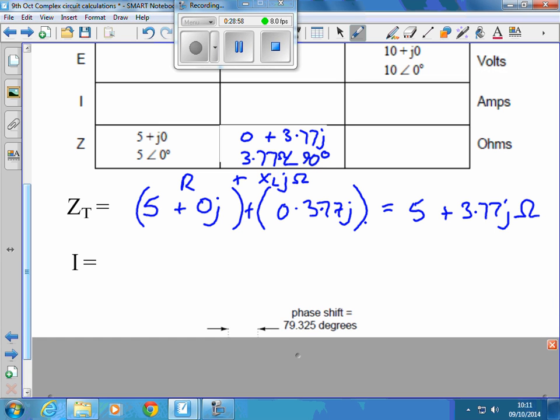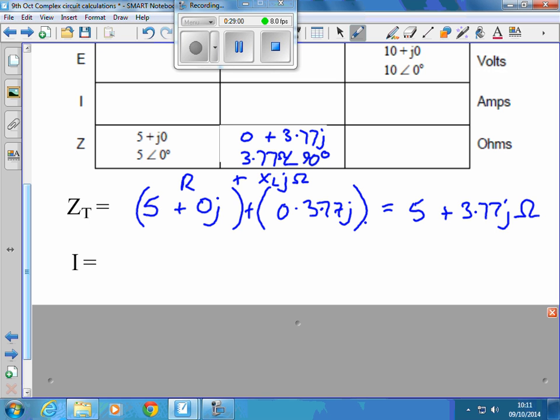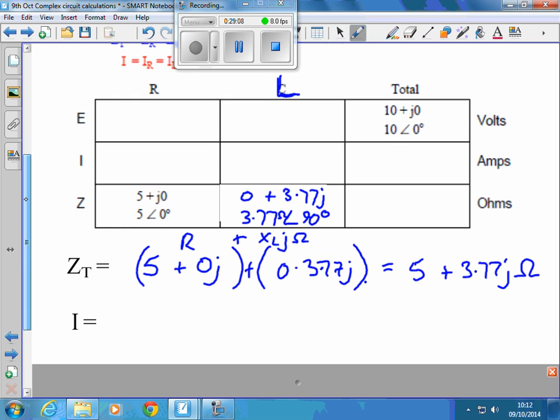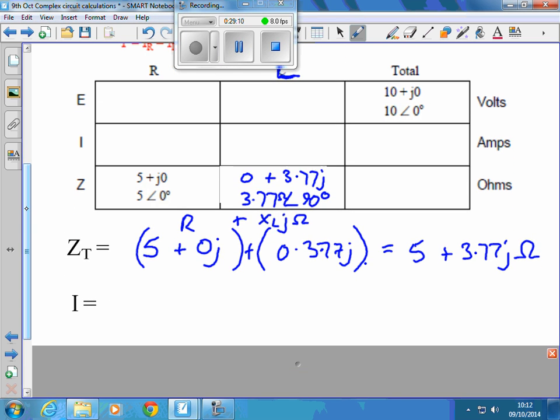What have I got on here? Oh. So that's what the total impedance is in that circuit. Okay, so we can put that in here. 5 plus 3.77 J ohms.